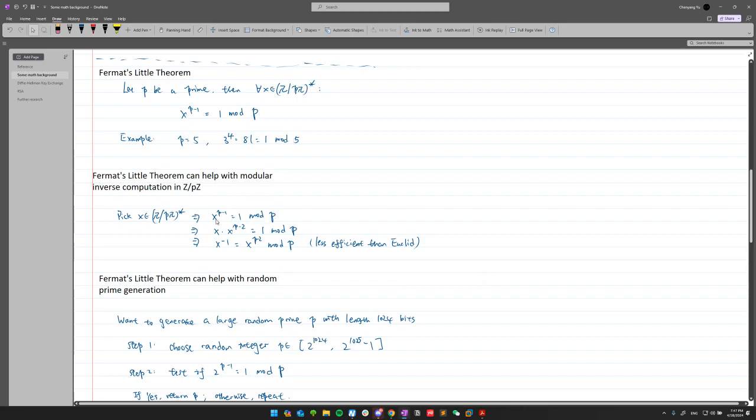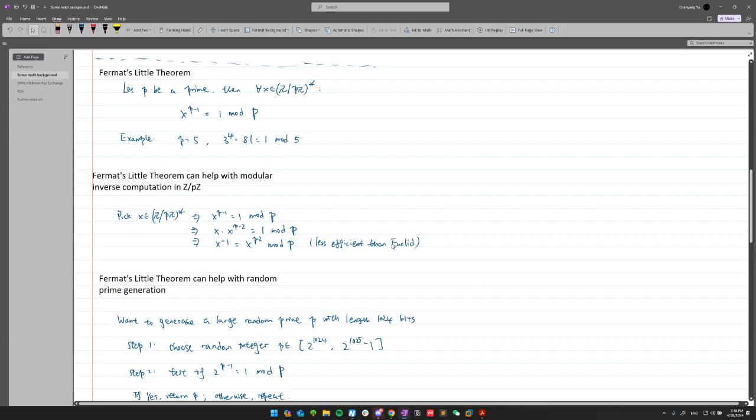You take the statement from the formula, factor x out, and then multiply by x inverse on both sides. x inverse exists because every element mod p other than 0 has an inverse. In the end, you get a formula for computing the modular inverse mod p. You can do that, but it's less efficient than the Euclidean algorithm.